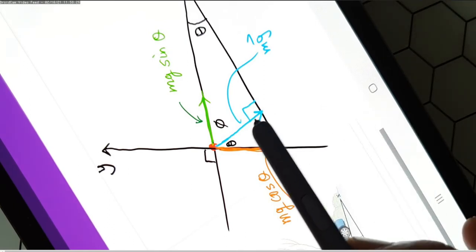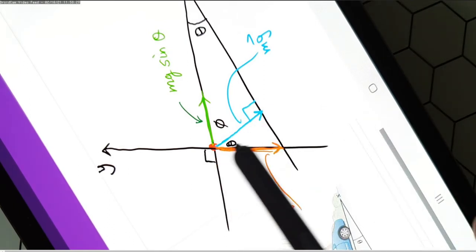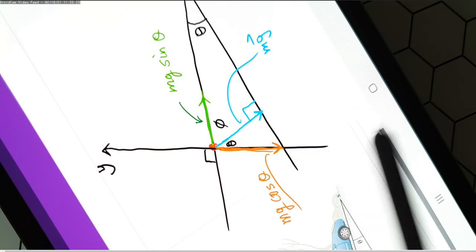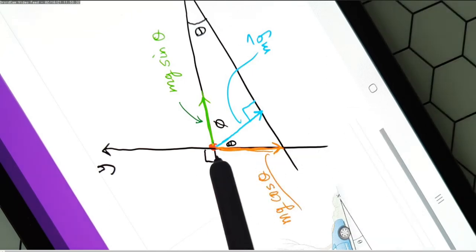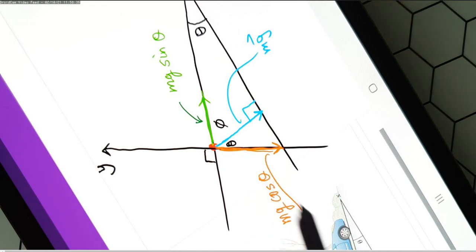This is mg and this is theta. So what's this component? The orange one. It is mg cosine theta. And what is the component, the green one? It's mg sine theta.